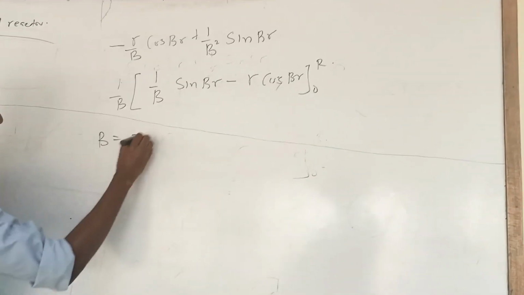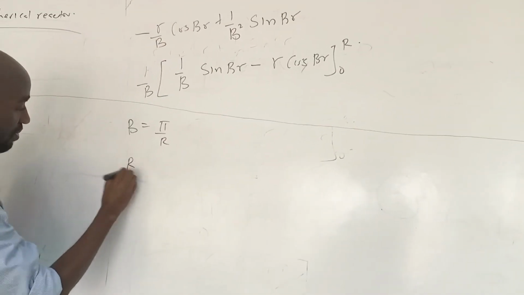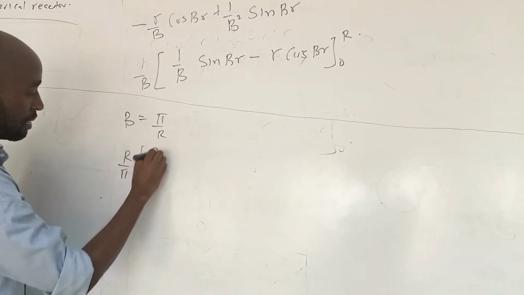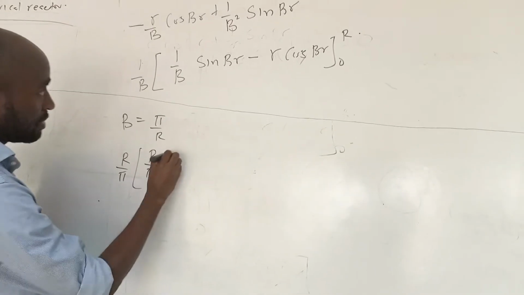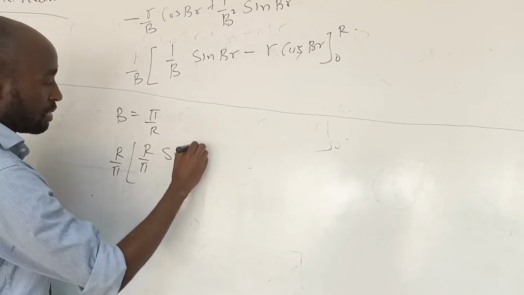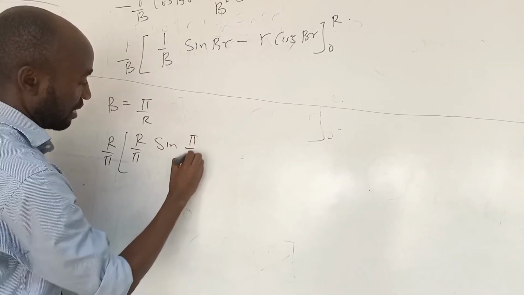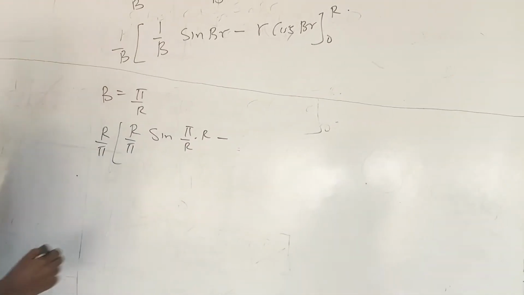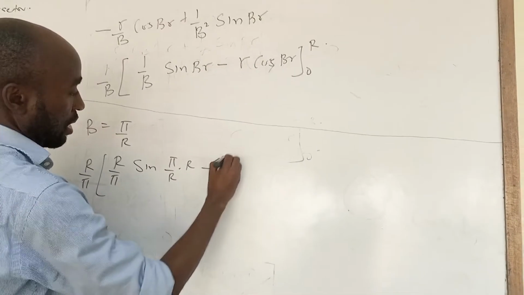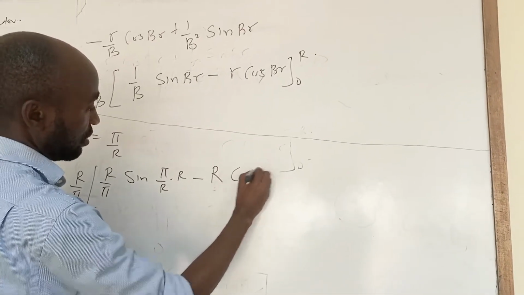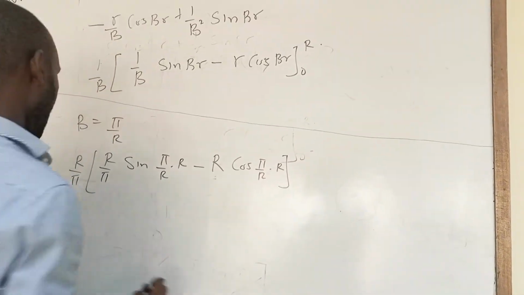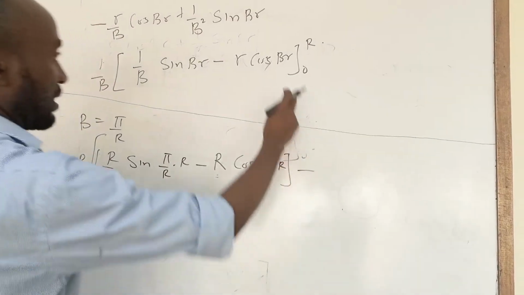You know that our B is pi over R. Now Br over pi, yes, R over pi sine pi over R dot r, evaluating at R, minus R cos pi over R dot r, minus at 0.